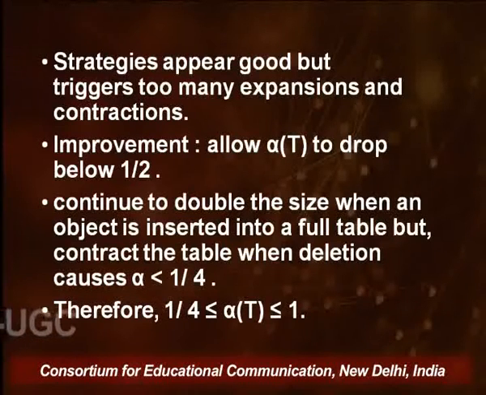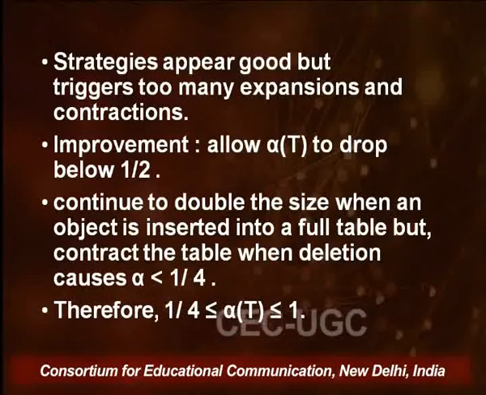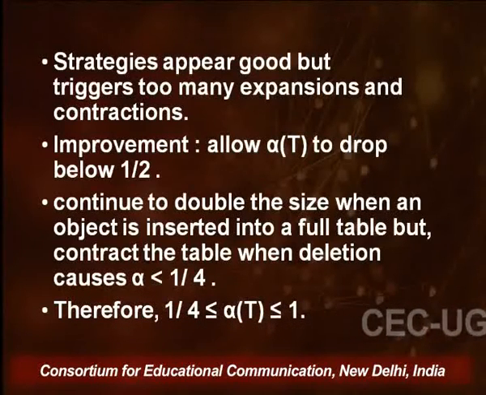That means when the table is half full, we are not going to allow the table to contract. We will wait for some more deletions to happen so that further contraction can take place. So we are going to contract the table when deletion causes alpha to be less than 1 by 4.